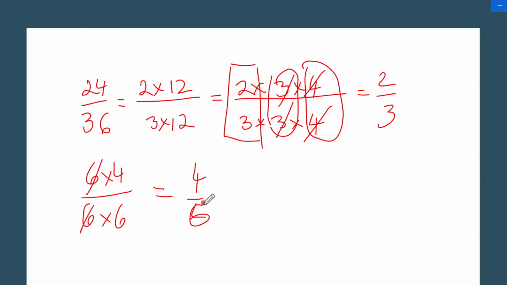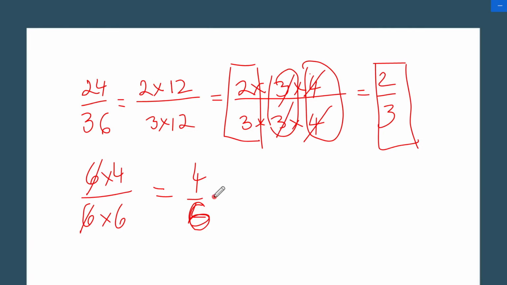This happens sometimes. What you need to do at this point is look at the fraction again and say, well, actually the 4 and the 6, this is not a fraction in the lowest possible terms. So this fraction is called a fraction in its lowest terms.